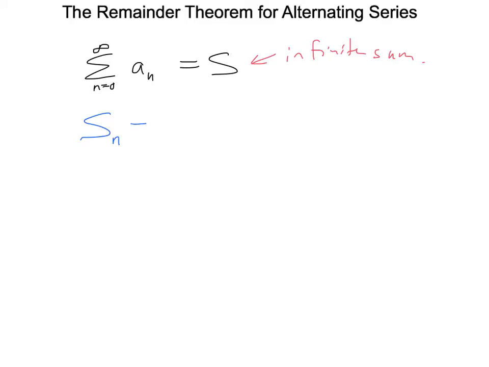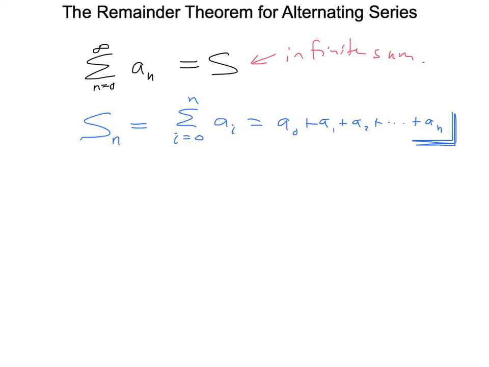It represented the sum, and I have to use a different letter now, i equals 0 to n of a sub i. S sub n was a sub 0 plus a sub 1 plus a sub 2 all the way up to a sub n. S sub n was the summation of the terms up to the nth term.